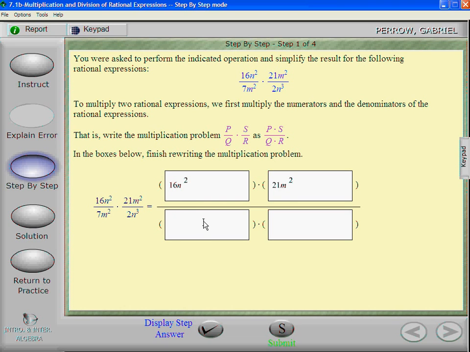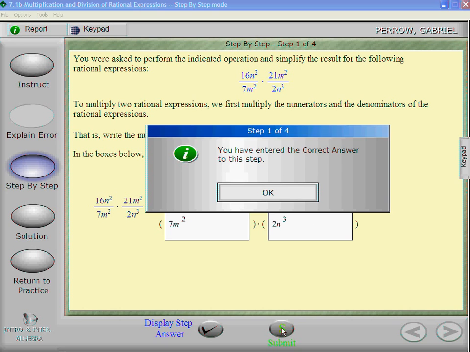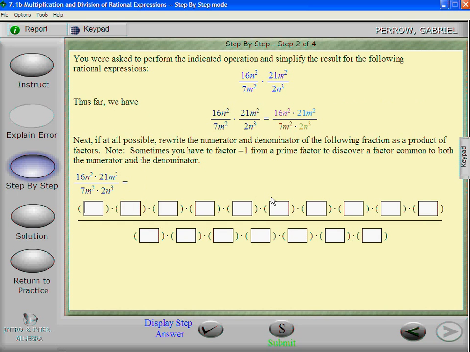And this is a good reminder that this is why you can reduce anything on the top with anything on the bottom, because technically, in one step, you could call it one fraction instead of two. So it's really just one fraction and you're reducing. Okay, so I filled in the boxes that they're asking for there.